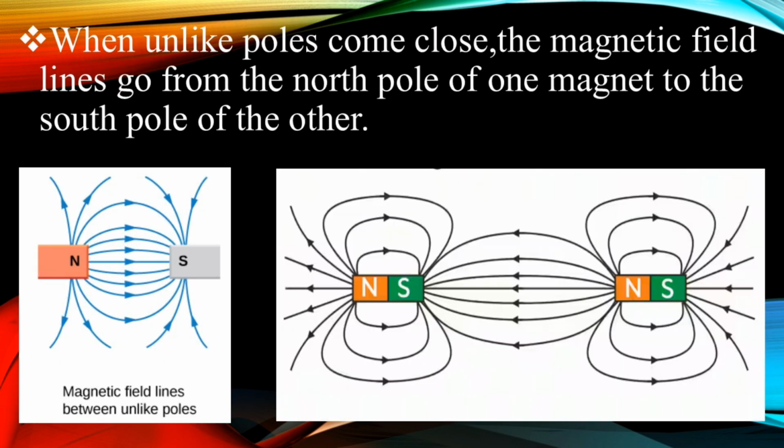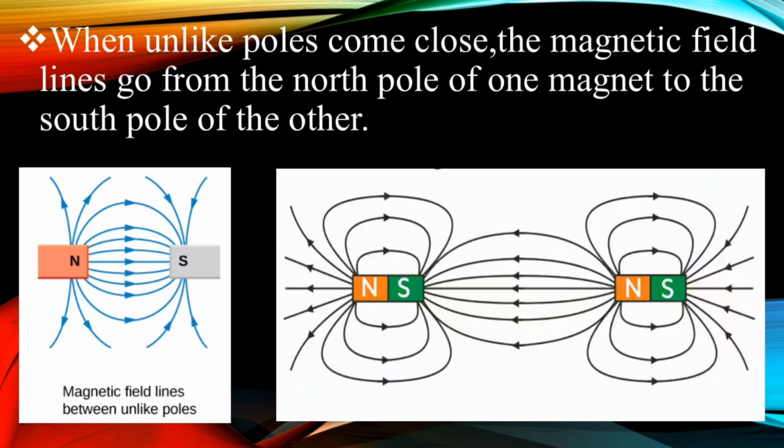Now observe the unlike poles, north facing south. In this case, the field lines run directly from the north pole of one magnet to the south pole of the other. The lines appear neat and dense between the poles. That density indicates attraction. The poles pull towards each other and the field lines connect the two magnets smoothly.